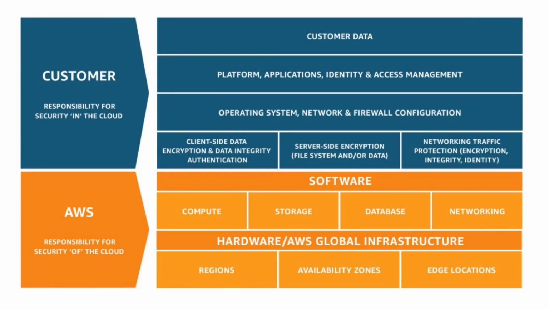And for the customer, who is responsible for security in the cloud, we are responsible for client-side data encryption and data integrity authentication, server-side encryption, networking, operating system, firewall configuration, platform, applications, identity and access management, as well as the customer data. So this gives a clear distinction about everybody's role in ensuring a secure cloud platform.